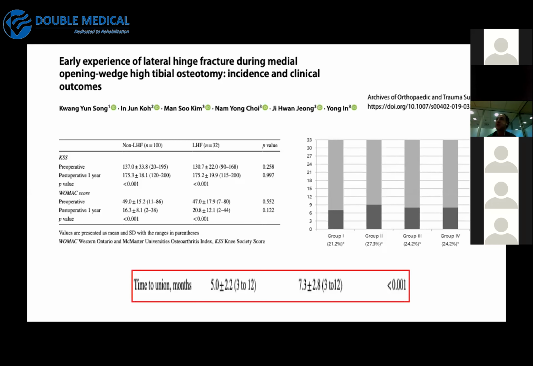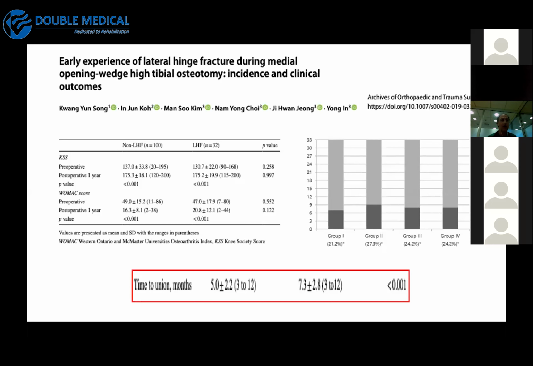So it remains constant, mostly if our correction is over 10 millimeters. But the most important finding when we have a fracture is that most of the osteotomies healed, but with a delayed healing of 2 months on average.